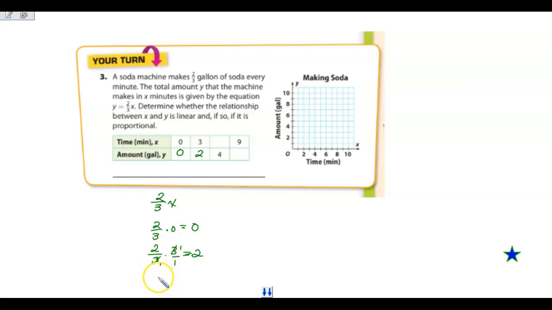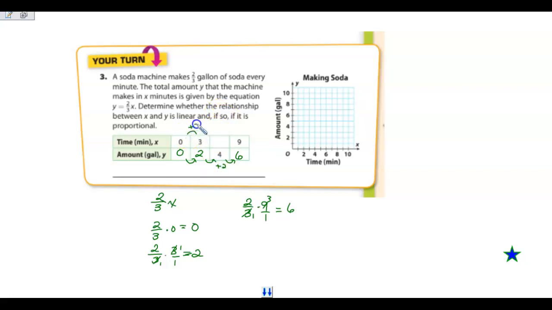And if I take 2/3 times 9, cross simplify where I can. 2 times 3 is 6. So now I need to figure out what I'm doing here. So now I'm going to take a look at a pattern. I'm adding 2, adding 2, adding 2. So these were all plus 2's.